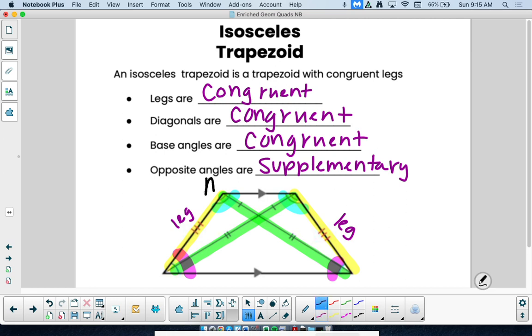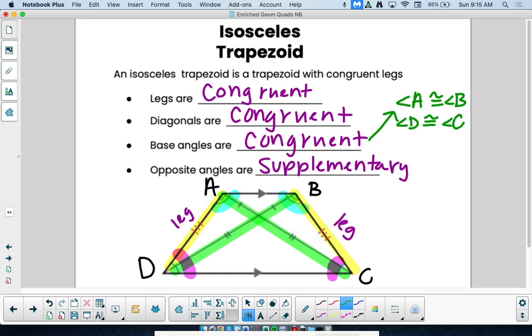So let's just call this A, B, C, and D. So if we go up here, our base angles, that would be angle A is congruent to angle B. That's one pair. And then our other pair would be angle D is congruent to angle C. Those angles are the same.